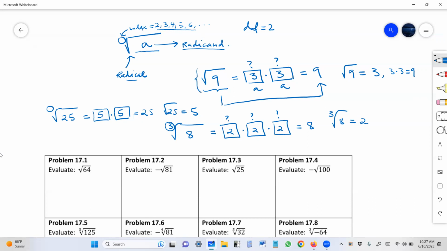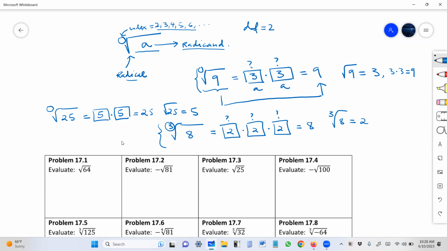In order to find the value of a radical expression, if it is the square root, we need the same number multiplied by itself twice. If it's a cubic root, the same number multiplied by itself 3 times. If it's a fourth root, 4 times, and so on and so forth.